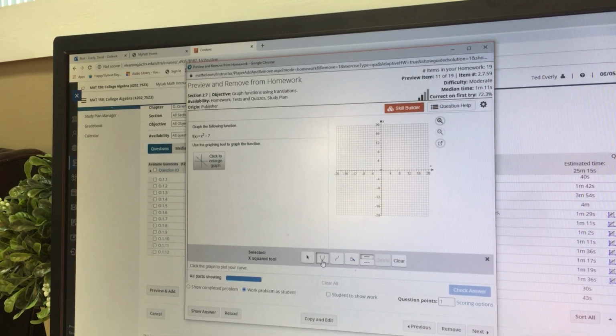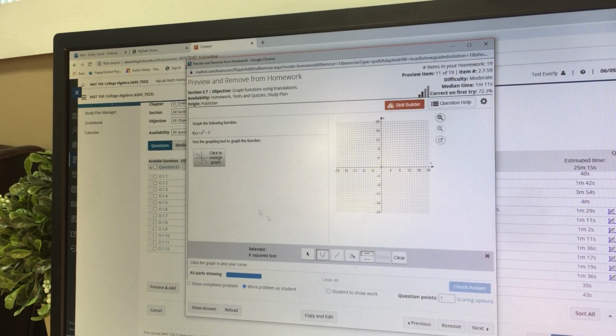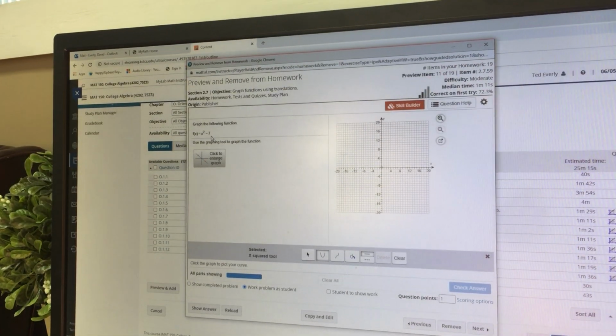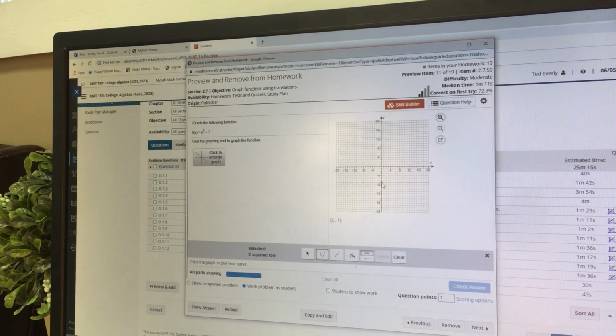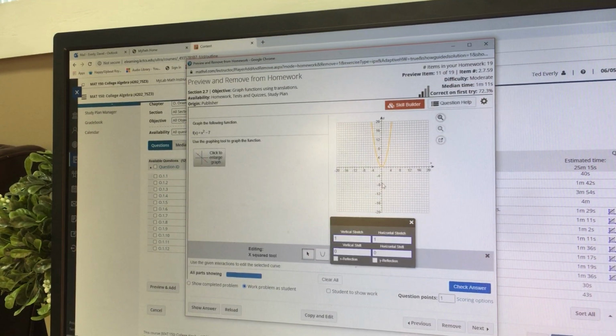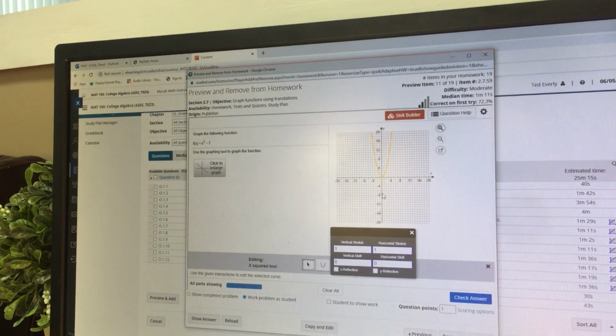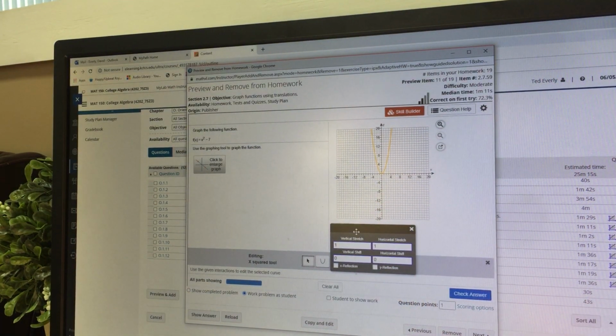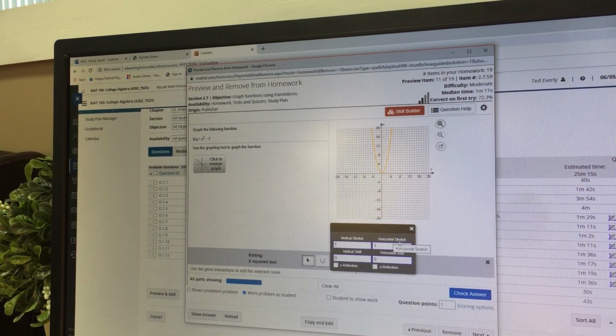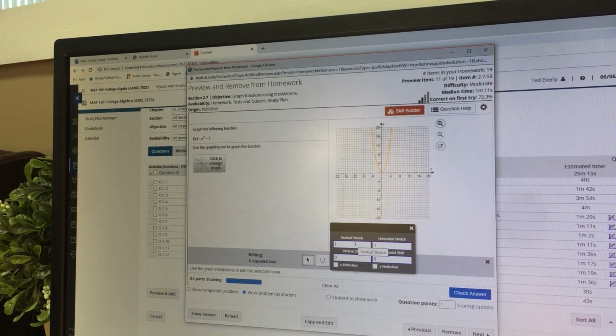What I have going on now, I've got this -7, which is going to shift it down 7. So my vertex is going to go down here, down 7 right there. Oh, okay. I forgot. This one has these little boxes. And so we're just going to fill the stuff in and it will graph it for us. So we don't have any horizontal stretch or vertical stretch.